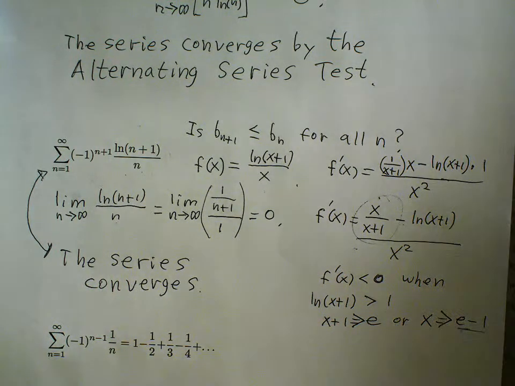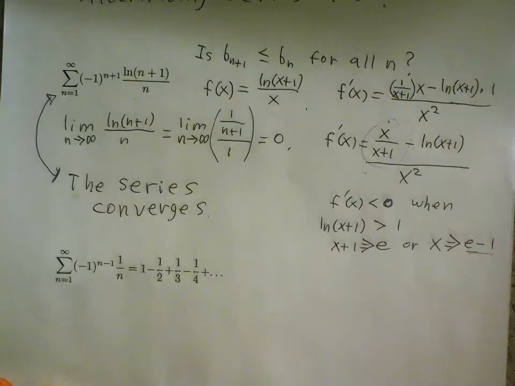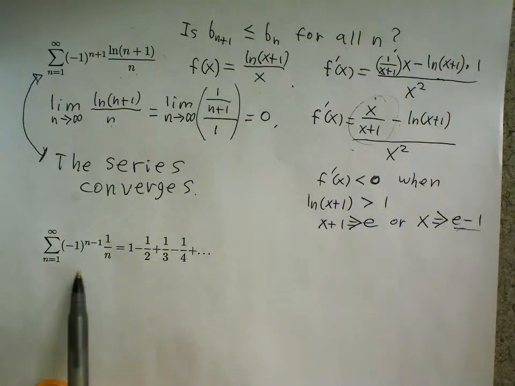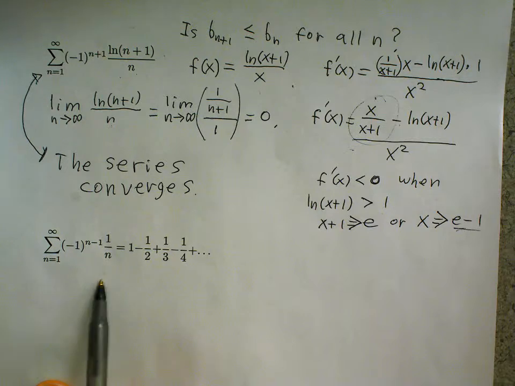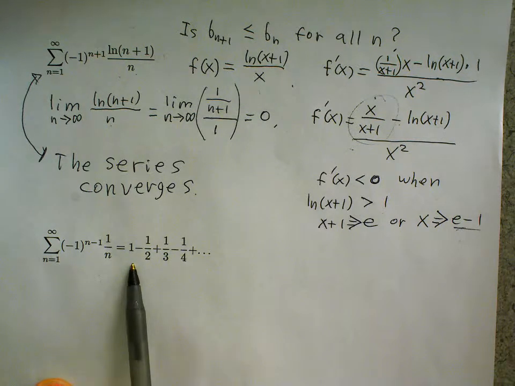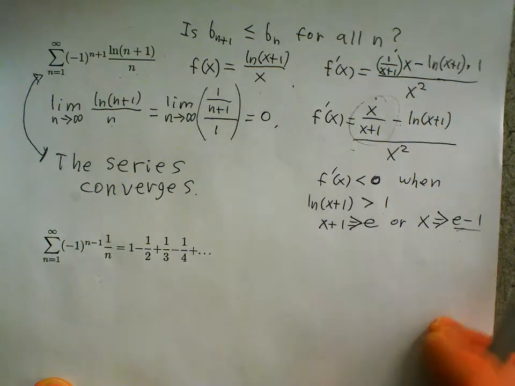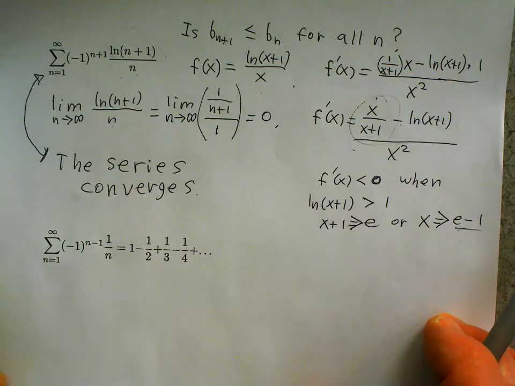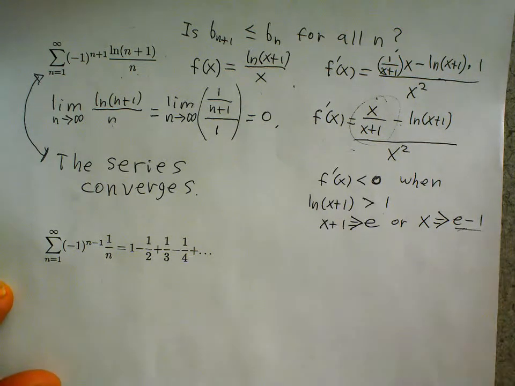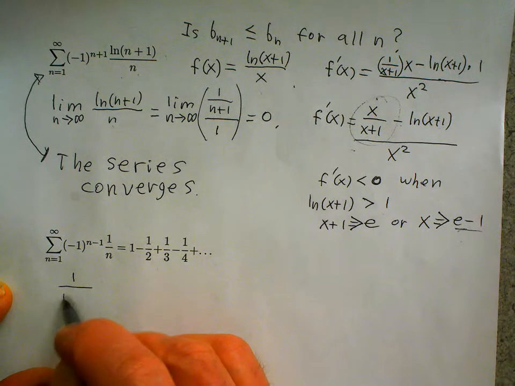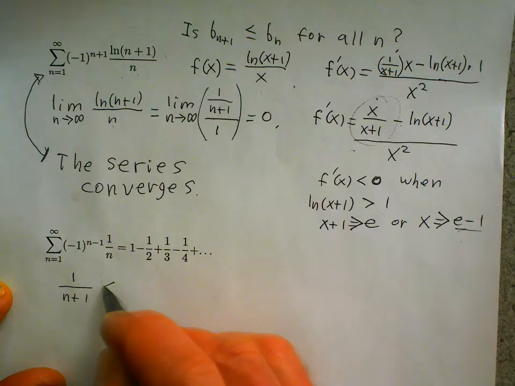Okay, the next example, the infinite series, the terms are (-1)^(n-1) times 1 over n. And these are 1 minus 1/2 plus 1/3 minus 1/4, and so on. Well, this one is pretty straightforward. It's pretty obvious that 1 over n plus 1 is less than 1 over n.